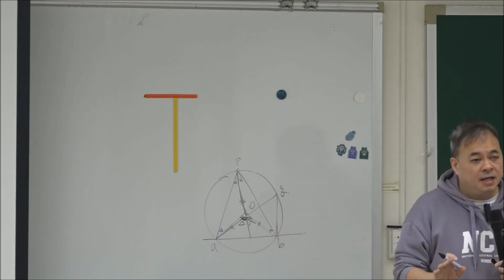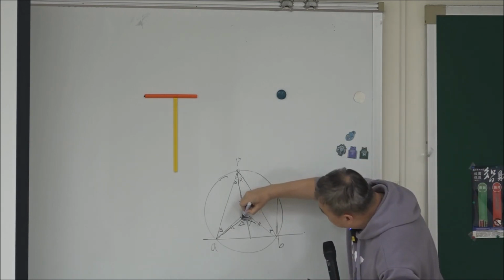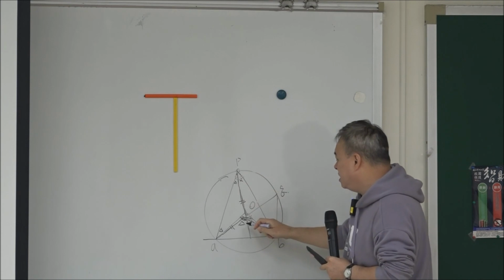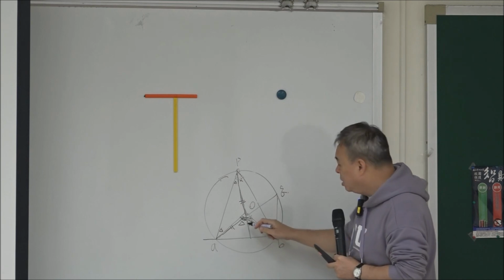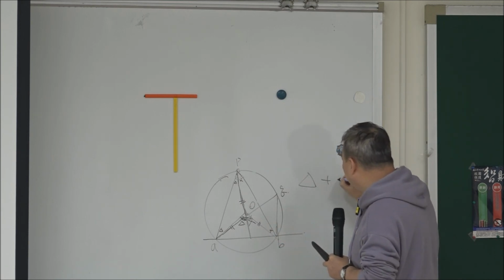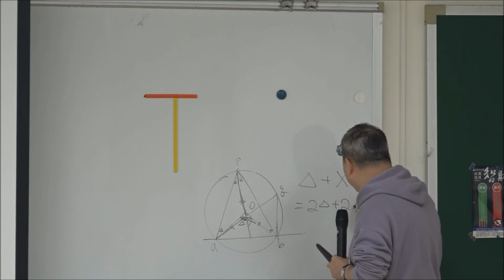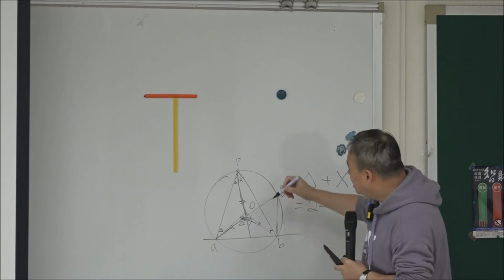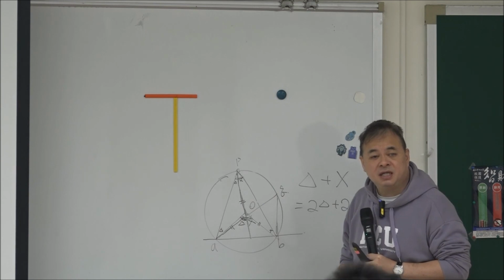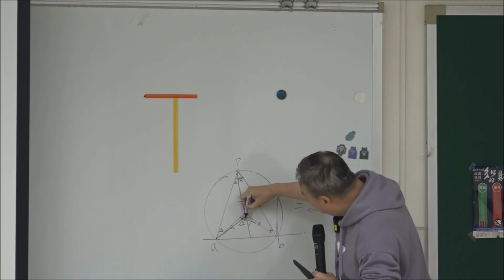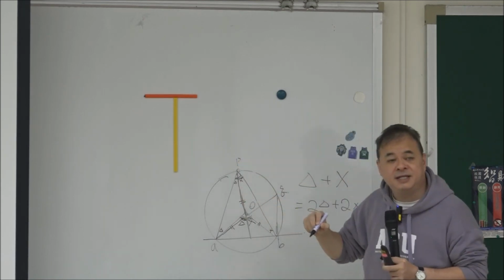So this big angle is the sum of big delta plus big cross, which is equal to 2 small delta plus 2 small cross. And this one is 1 small delta plus 1 small cross. That's why this angle is twice this angle.